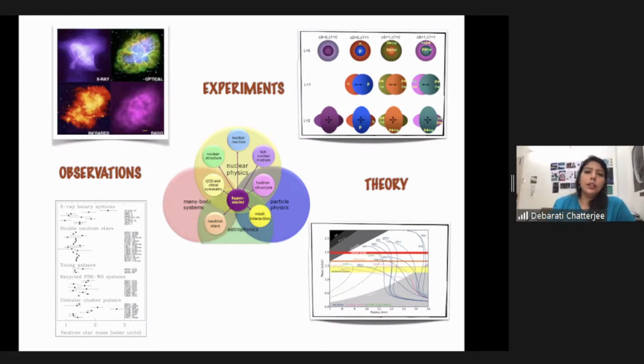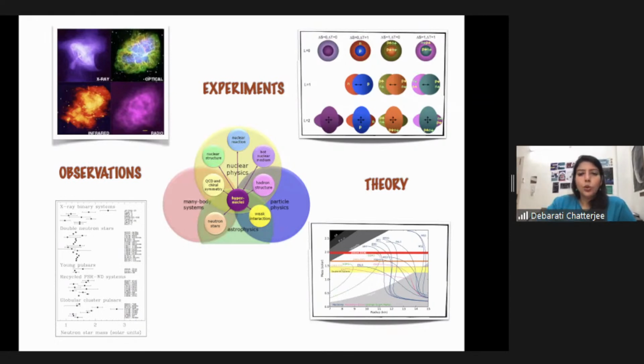The reason is that they encompass so many different domains of physics, like we already talked about today: from general relativity to nuclear and accelerator experiments, to theoretical physics, so condensed matter physics, nuclear and particle physics, and so on. And of course, now we have multi-messenger astronomical observations, from electromagnetic multi-wavelength to gravitational waves to neutrinos, and all this gives us so much information that helps us to constrain these uncertainties that still lie in neutron star physics.